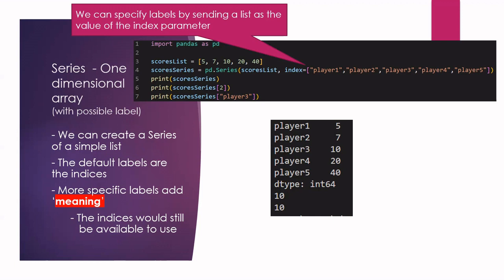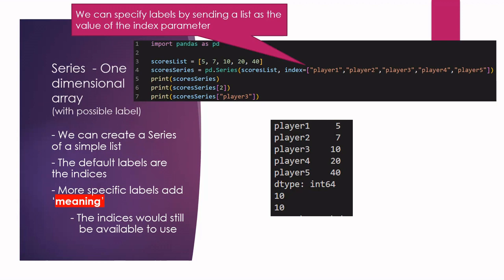Obviously, using the label is much easier, especially when the analysis gets complicated and you get to deal with more and more complex data. Then these meaningful labels can reduce a lot of the confusion that can happen if you're using the index.